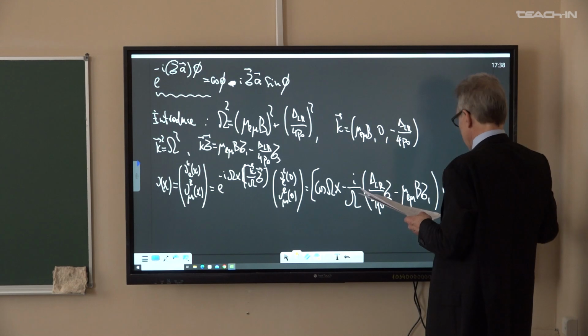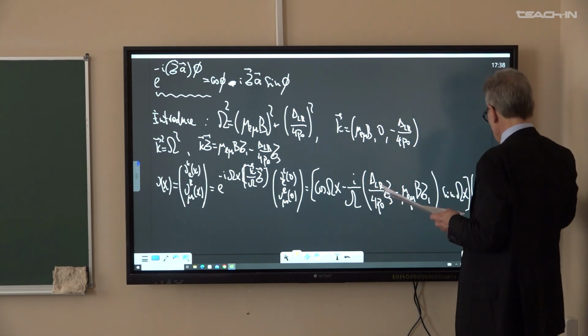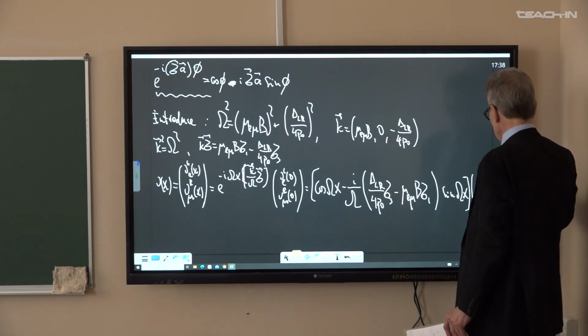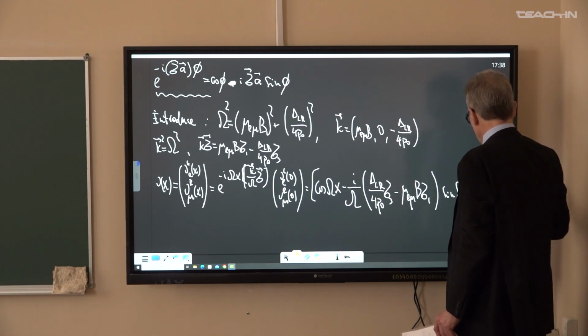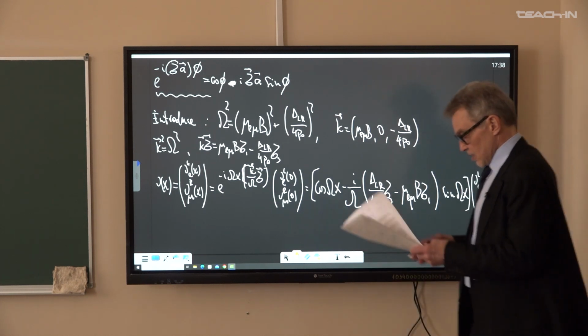So we make this act on the initial neutrino state, that is electron left in initial position, muon right, for x equal to 0.